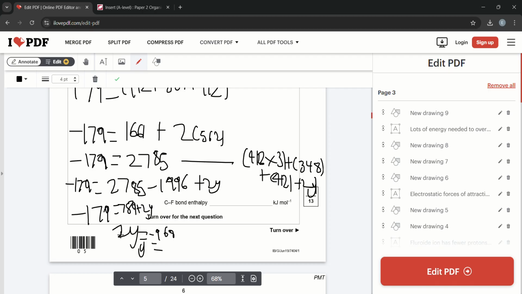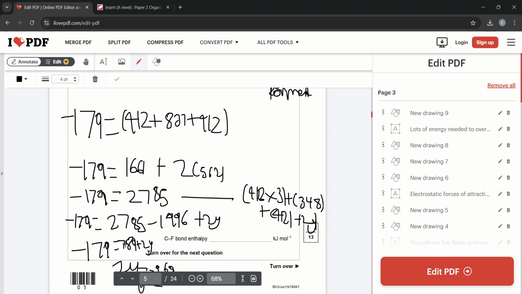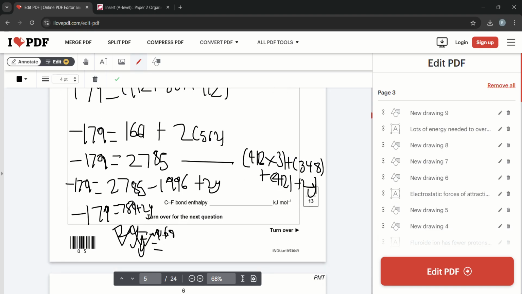Actually, I think I made a mistake here somewhere. Minus 179 equals 2785 minus 1996 plus 2 C-F, so plus 2y. So 2785 minus 1996 will give me 789 plus 2y equals that.